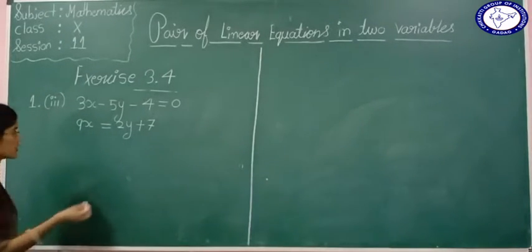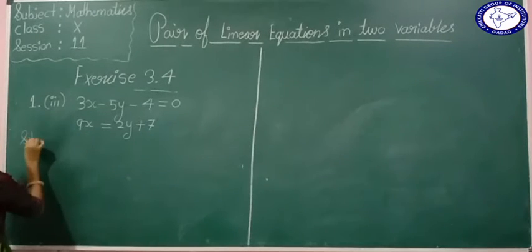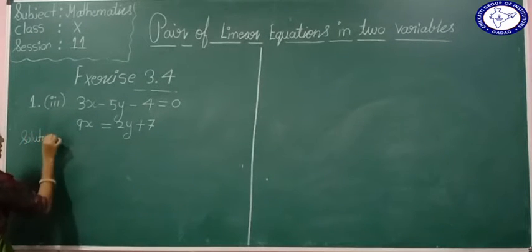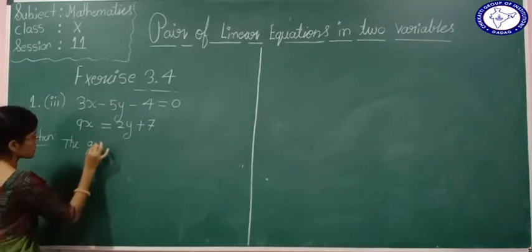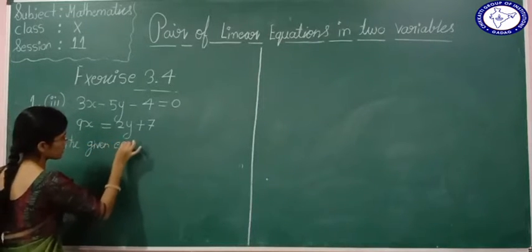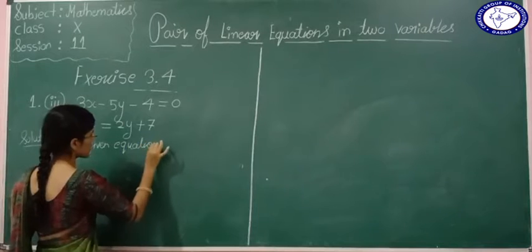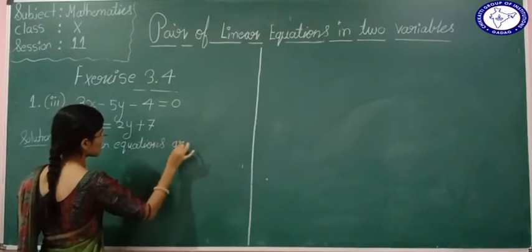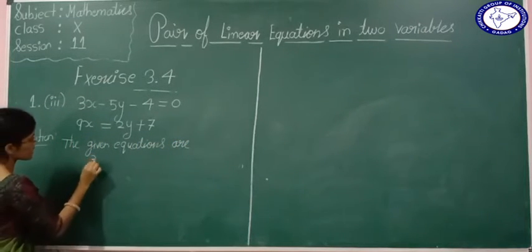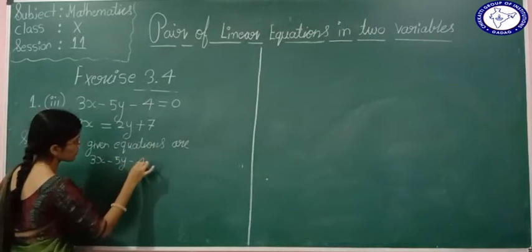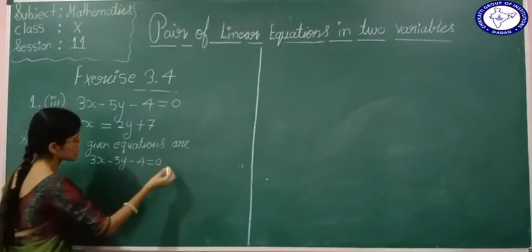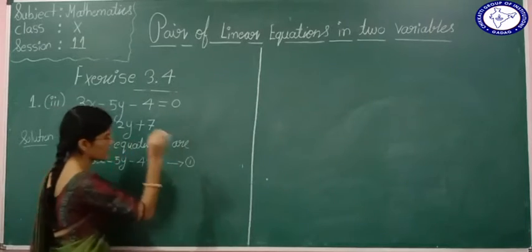Now we are going to solve this. The given equations are, what are the given equations? That is 3x minus 5y minus 4 is equal to 0. This is equation number 1.